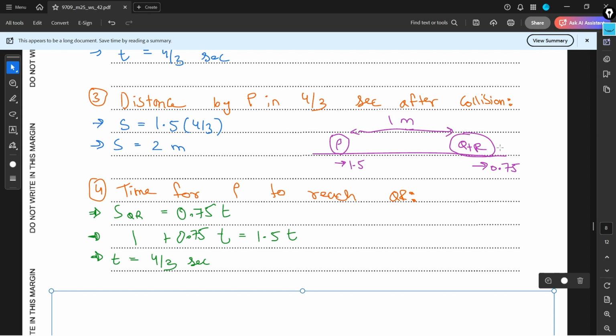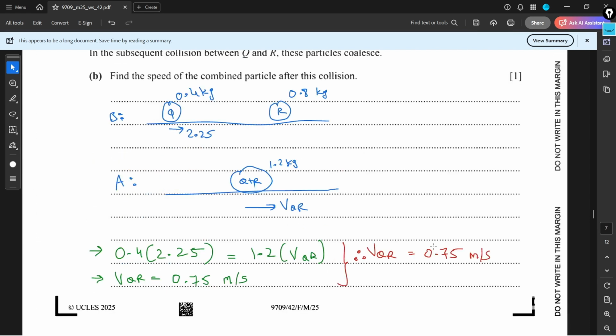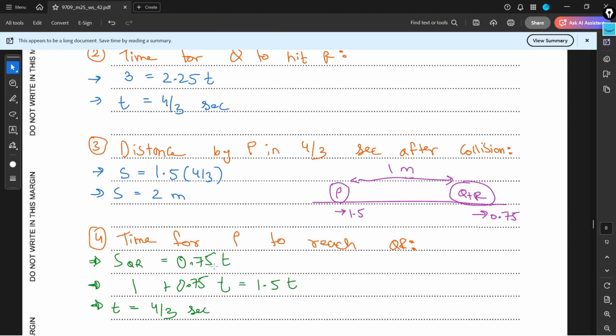First of all, I am figuring out the distance traveled by the particle QR using S is equal to ut. So after the collision of QR, I know that it's going to travel together towards the right hand direction with the speed 0.75. So 0.75 times t is the additional distance traveled by the particle QR.